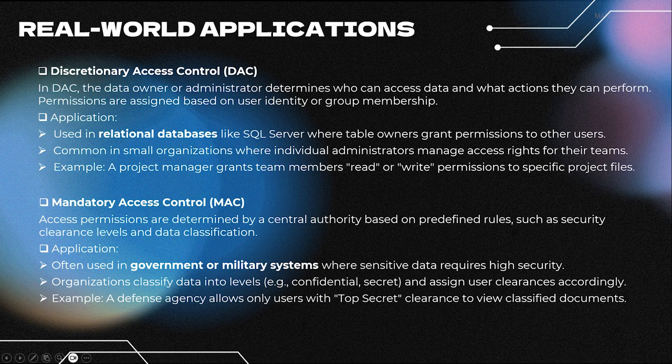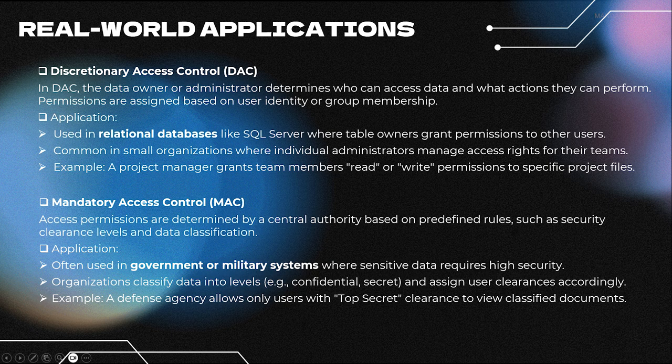Good morning everyone. Today I'll be discussing the real-world applications. Discretionary Access Control, or DAC. In DAC, the data owner or administrator determines who can access data and what actions they can perform. Permissions are assigned based on user identity or group membership.